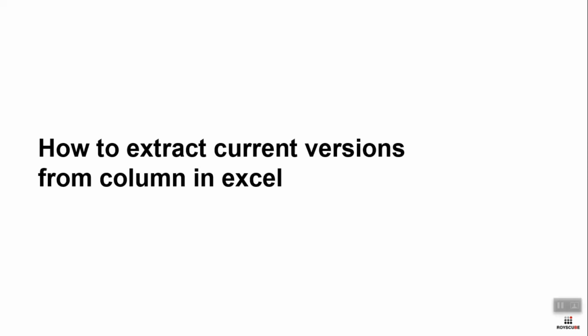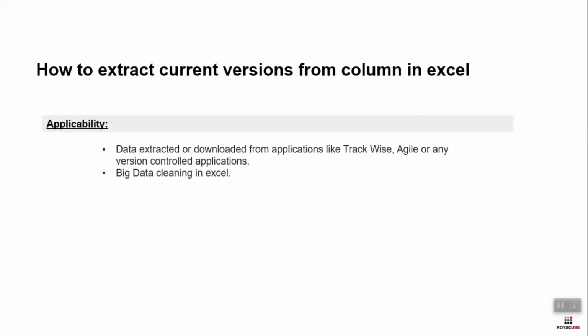Hello guys, so today we are going to see how to extract the current versions from a column in Excel. This is applicable if you have downloaded or received data extracted from applications like TrackWise, Agile or any version controlled applications, or you have to perform big data cleaning.